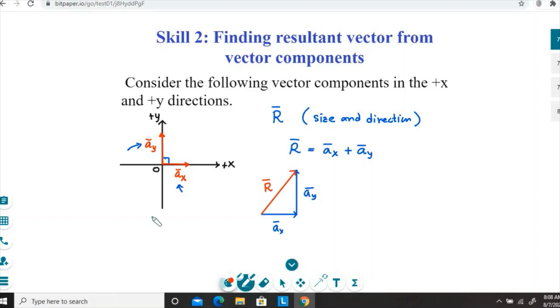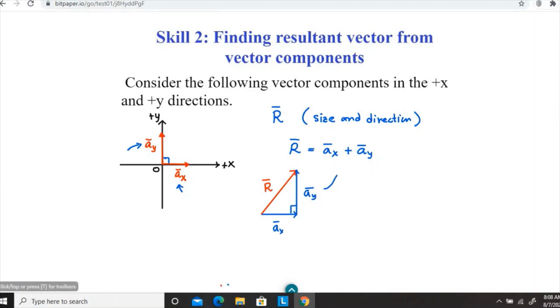And looking at the right angle triangle over here, it's clear that this relationship is valid. But the objective here is to find a symbolic expression for the size of the resultant vector and the direction of the resultant vector.